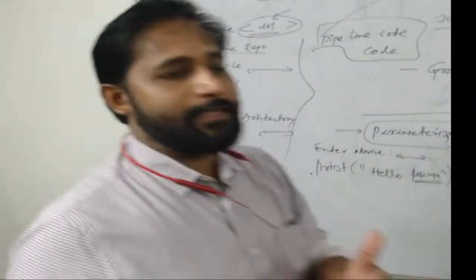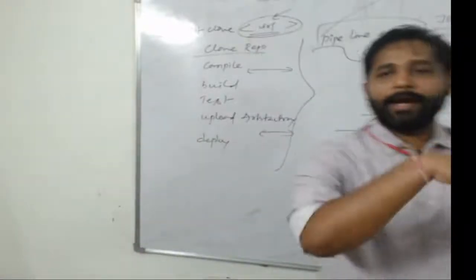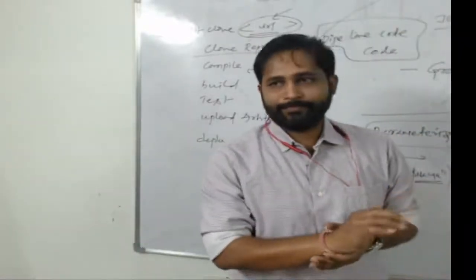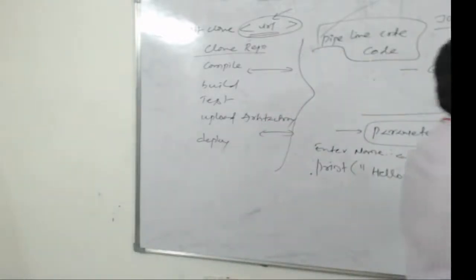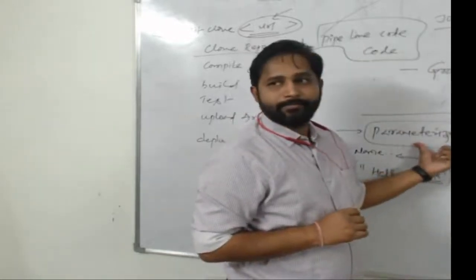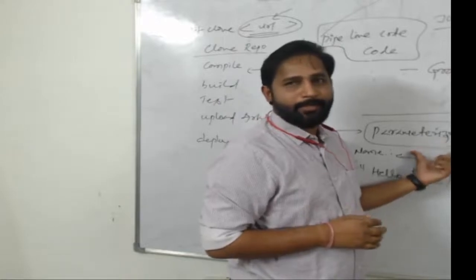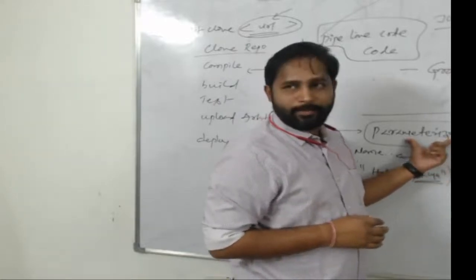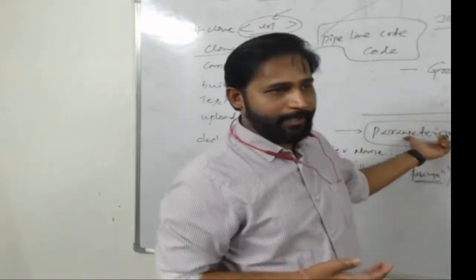In declarative, you always tell what you want, and the software will figure it out. Now both these pipelines can be parameterized. Parameterized basically means you are sending in parameters. At the time of running the job or building the job, you will give the parameter values.